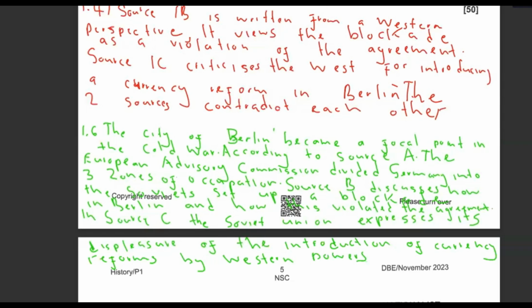Then in addition to that, source D illustrates, remember it's a visual source, it illustrates how Stalin divided Germany, or Berlin rather, into two zones.